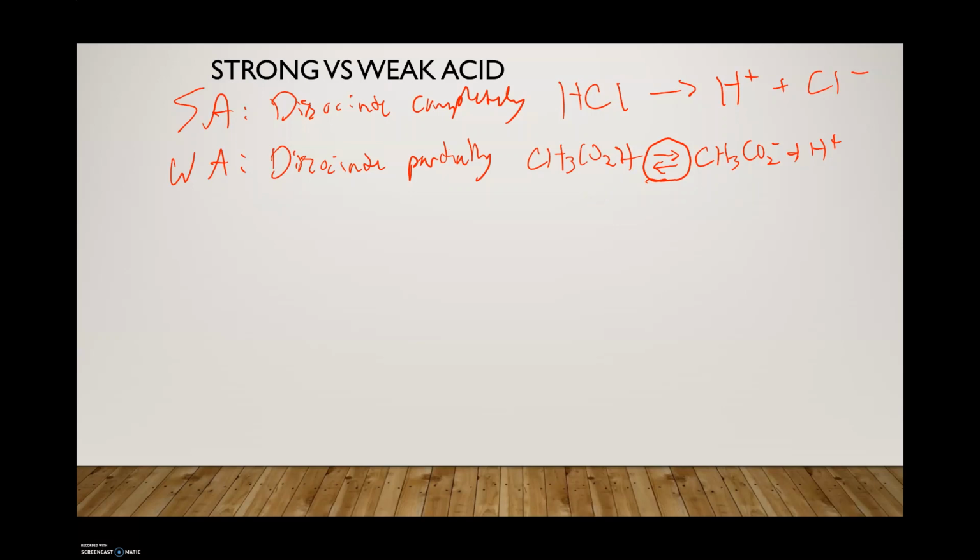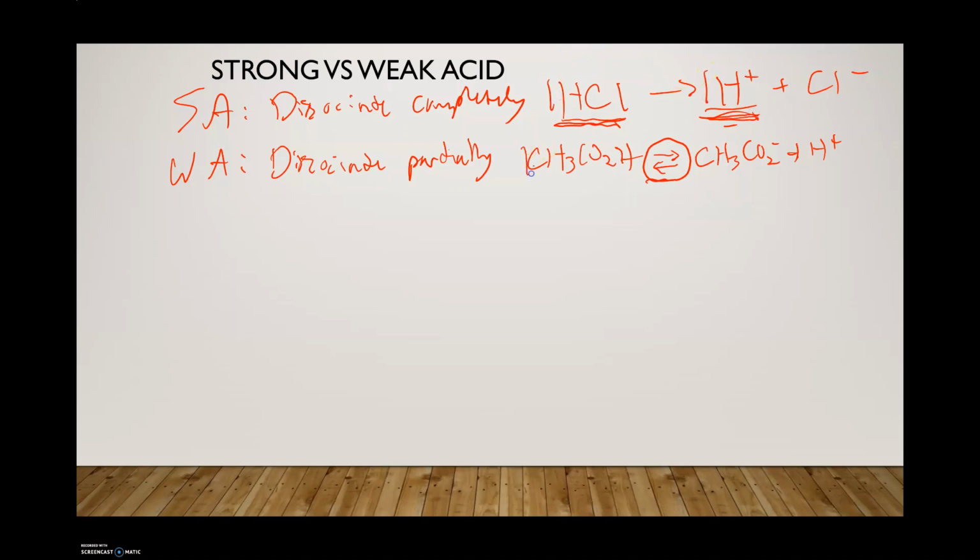A strong acid's different because a strong acid breaks down completely, so you're left with a full ionization of the acid. And what's important about this is that when we get into calculating the pH of strong acids and weak acids, we have to understand that whatever the concentration of the HCl is will also be the concentration of the hydrogen ion, because it's a 1-to-1 ratio here.